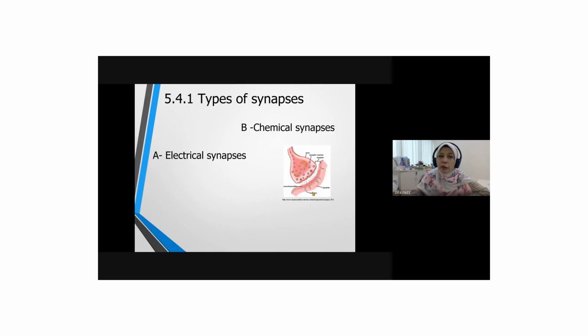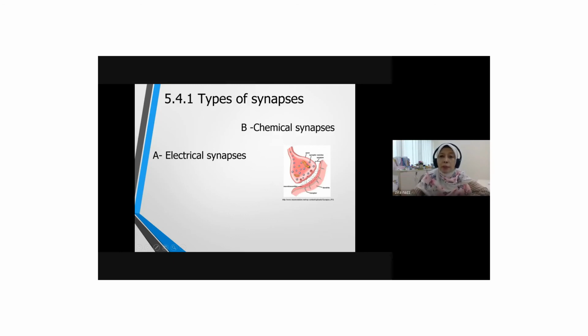The threshold value is around -50 to -60 millivolts. If it is nearer to the threshold value or reaches the threshold value, it will then generate an action potential or impulse. When there is an action potential or impulse that causes contraction here, that is EPSP, excitatory postsynaptic potential.